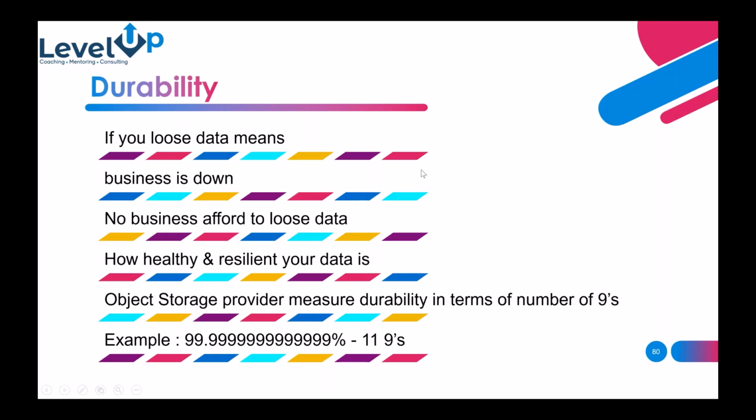That means, let's say you uploaded a data file today and you want to access that file after 1 year. Availability is one thing, but will you still have the data in that file? That is durability. So it is 99.9%, 11 nines. That means out of 10,000 files, there is a chance of losing one file in 10,000 years.